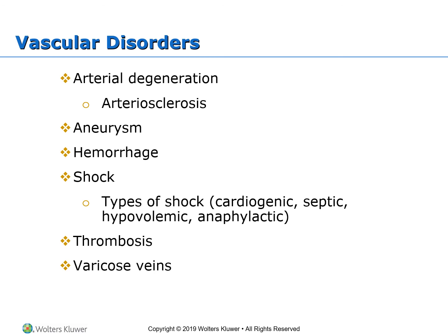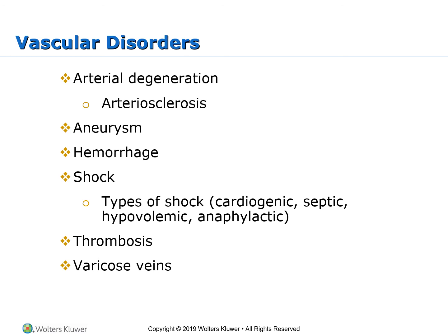And we have another type that is called anaphylactic shock, and this is a severe allergic reaction to a foreign substance that the body responds to. Most of the time, in severe shocks, the body is trying to compensate, and when death happens, it is because the compensatory mechanisms fail to maintain adequate blood pressure.